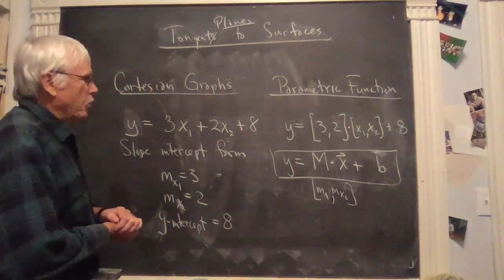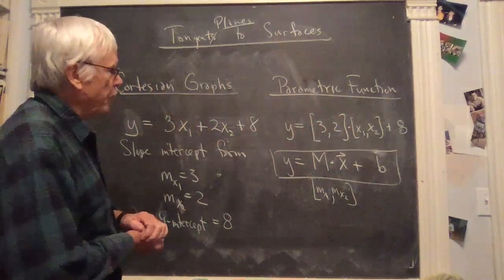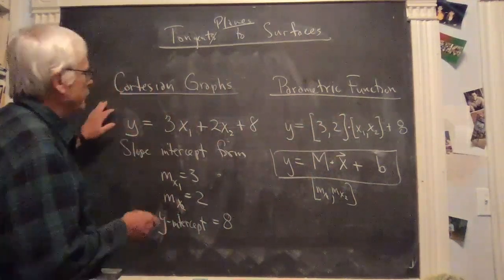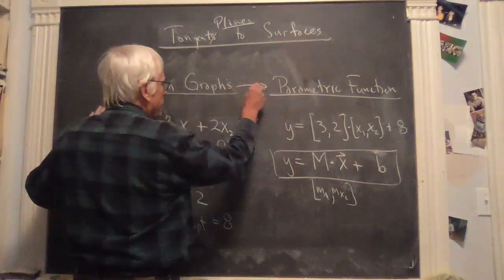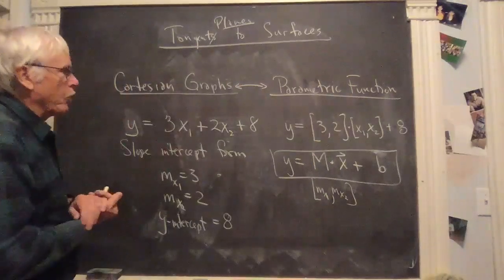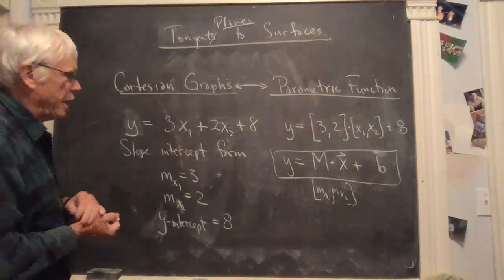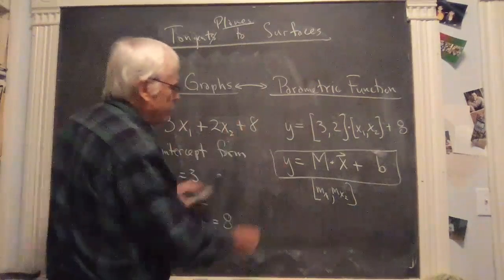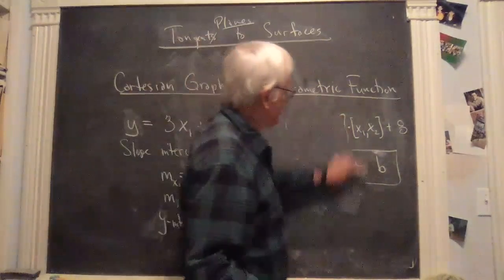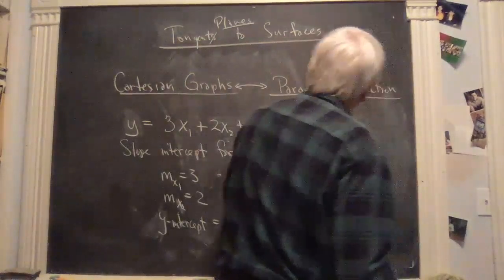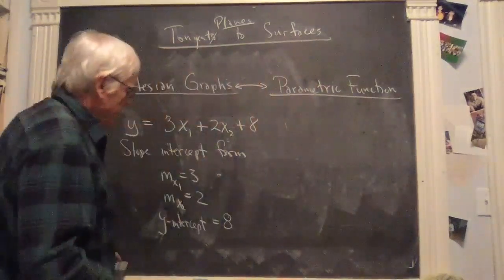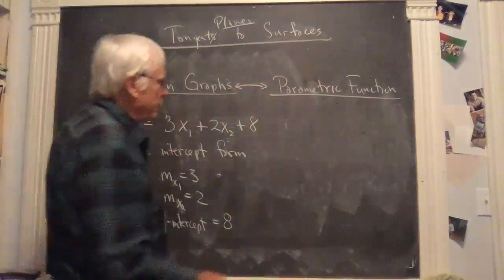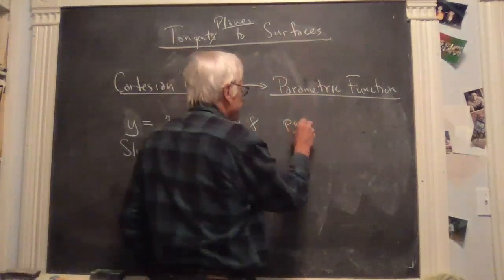Now, there also is a relationship between this Cartesian graph and the parametric function for it, and I wanted to point that out. I'm going to erase this and work under the parametric function. So to find the parametric function for this, what we need is a point on.